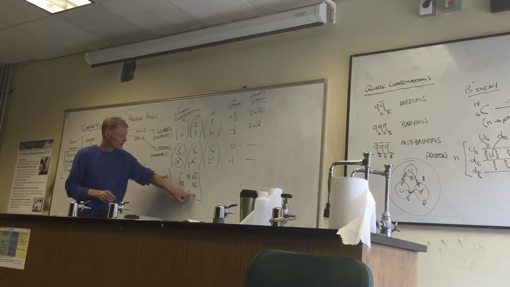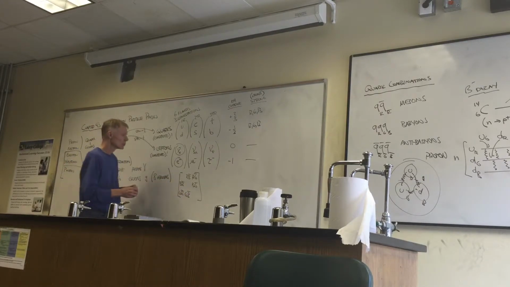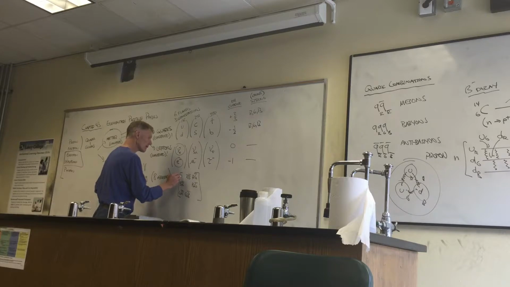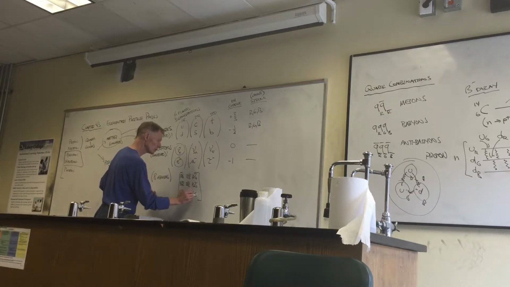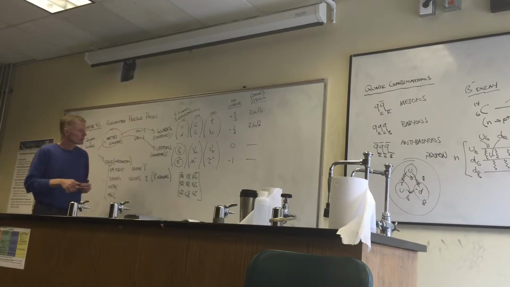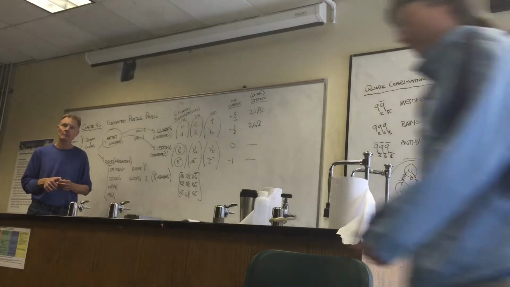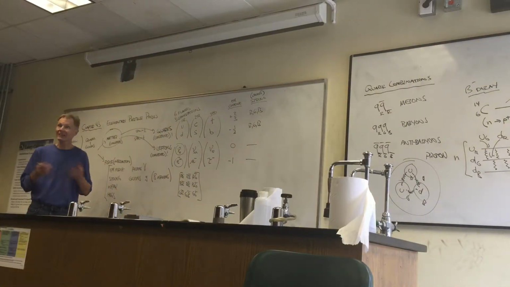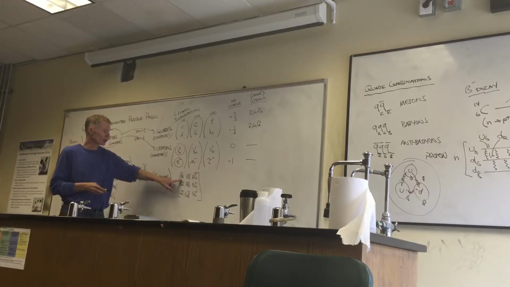And then we've got these diagonal members of my matrix. So this one would be red anti-red, blue anti-blue, and green anti-green. But there's a problem with a gluon that's red anti-red or green anti-green or blue anti-blue. What's the problem? They don't change the color of anything, right? These are already color neutral.